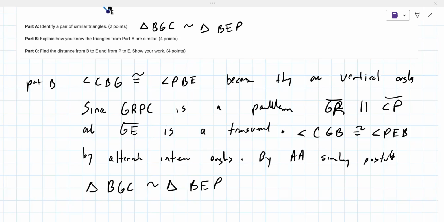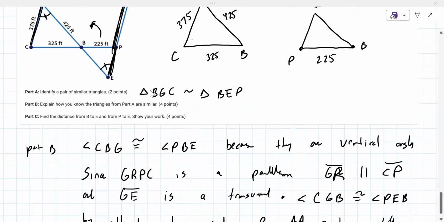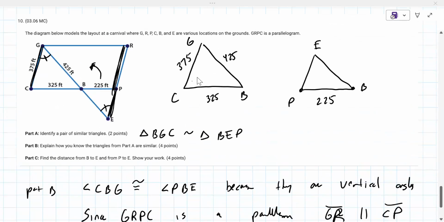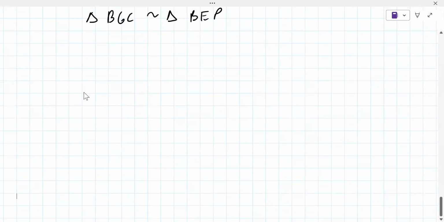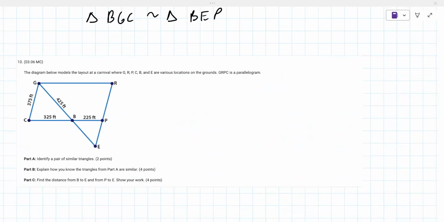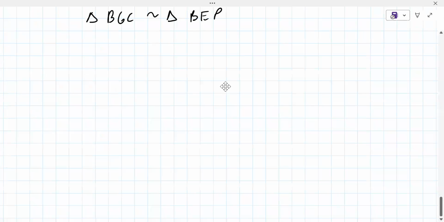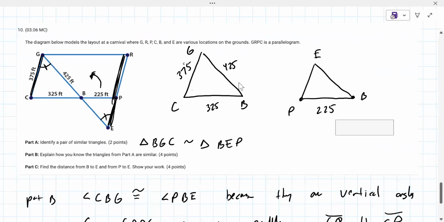All right, so now part C is kind of where I was yesterday. It was a little bit like, wow, what do we do? So I'm going to re-grab this. Ooh, that's not what I wanted. There we go. Okay.